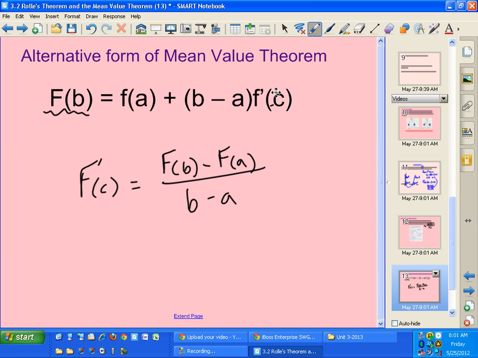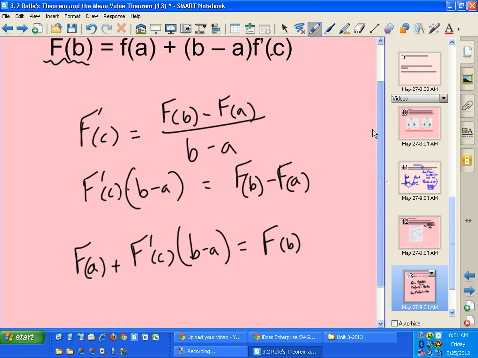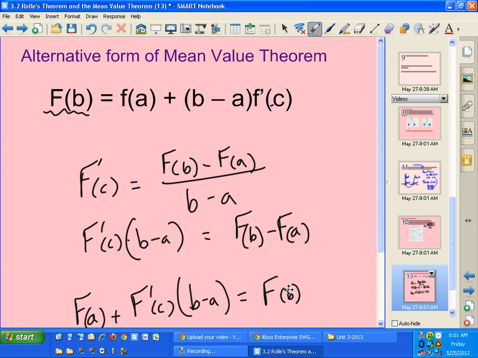They multiplied by b minus a, so f prime of c times b minus a equals f of b minus f of a, and then they added f of a across the equal sign, so we got f of a plus f prime of c times b minus a equals f of b. The reason they do this is just in case they ever ask you what y value will give you a secant line that is parallel to the tangent line? Well, here's the alternate form, and that's really what we're looking at.